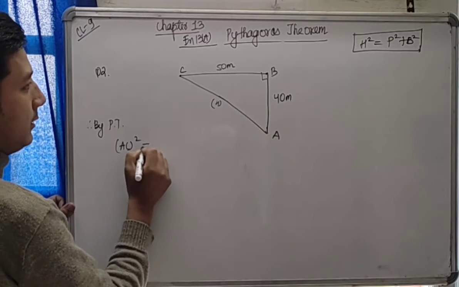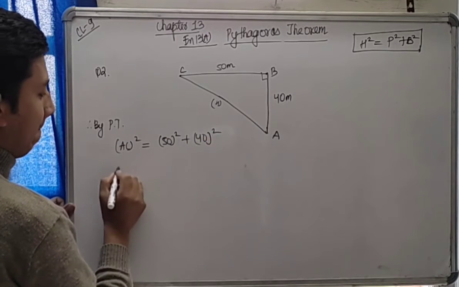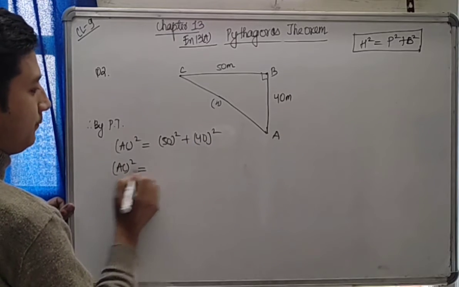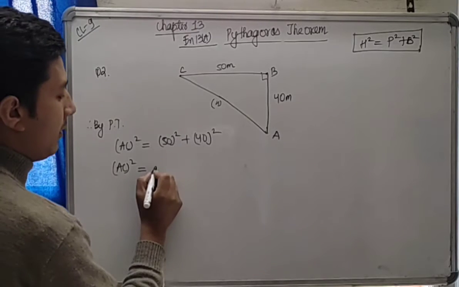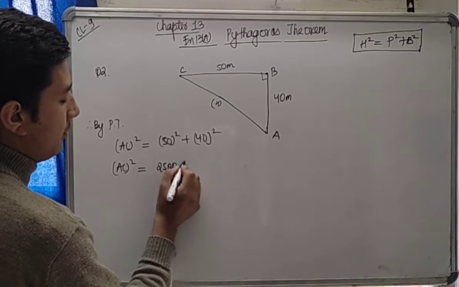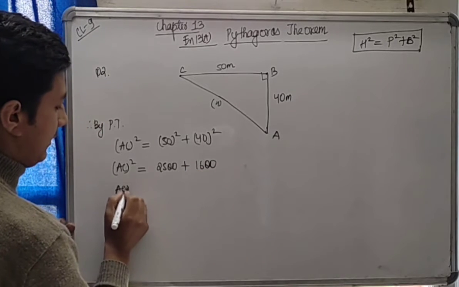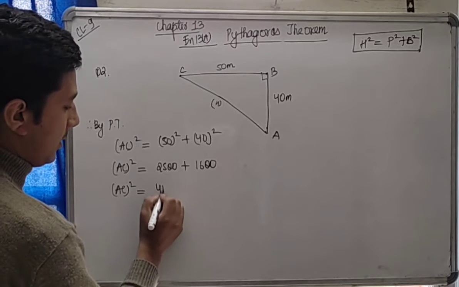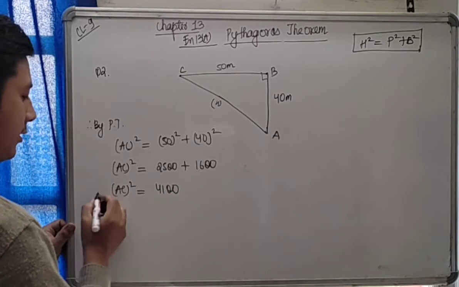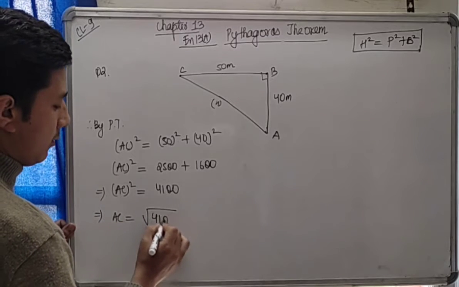AC square is equal to 50 square plus 40 square. 50 square means 2500. 40 square means 1600. AC square is 4100. So therefore AC will be root over 4100.